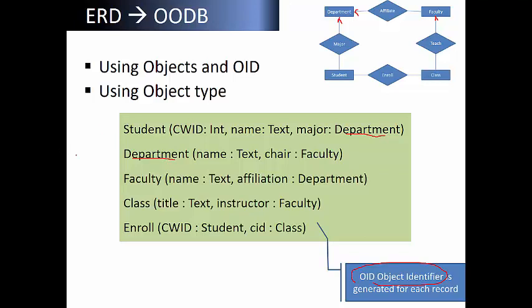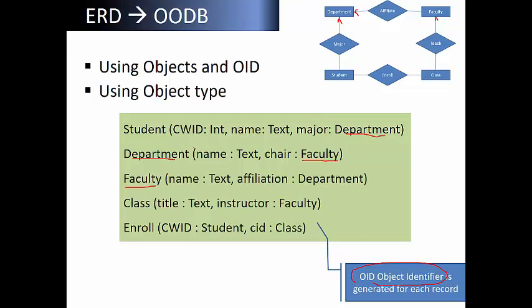Name is text, chair is faculty. Again, faculty is not an atomic type, but an object ID. Faculty here is a class, therefore a specific faculty ID is plugged in here, as chair.